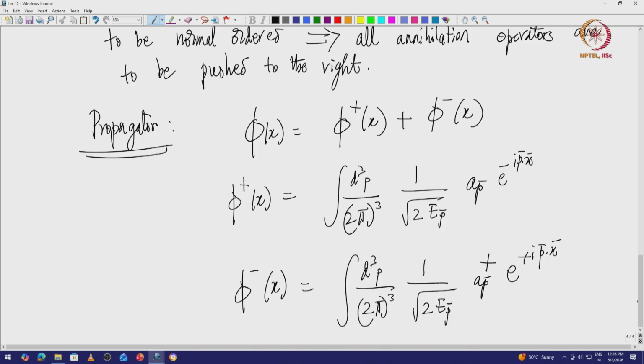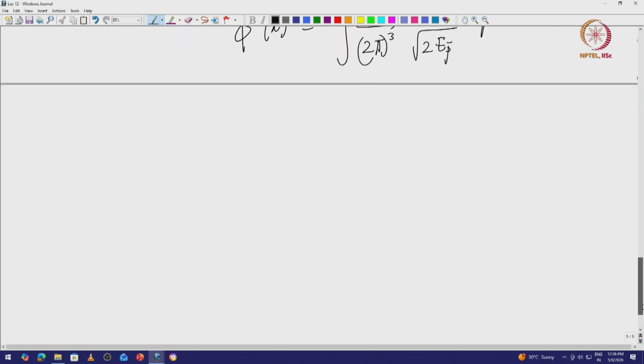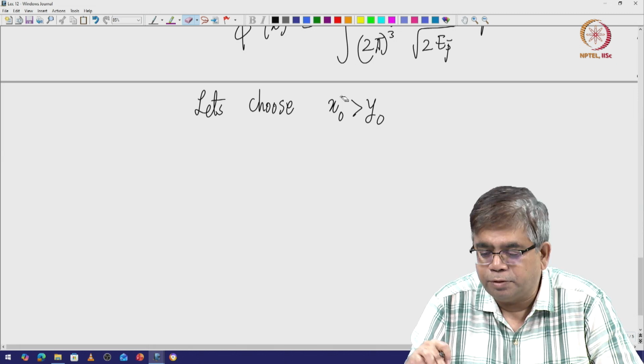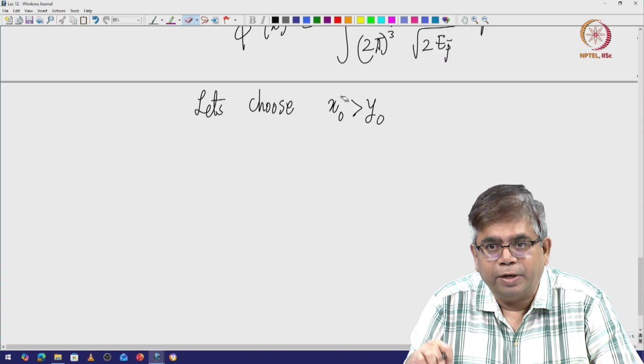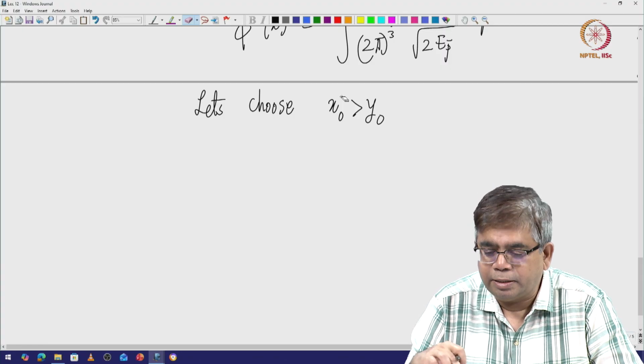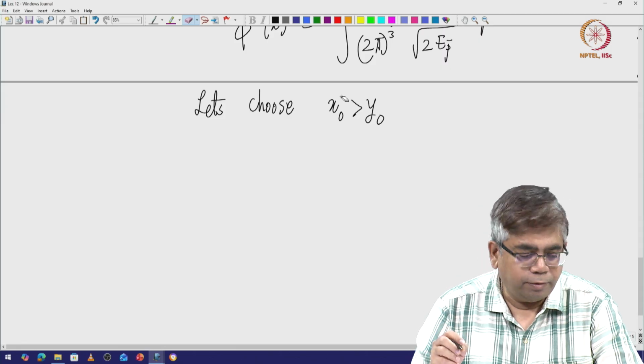Anyway, now let's choose x0 greater than y0. x0 is the time component of the x four-vector, and y0 is the time component of the y four-vector essentially.